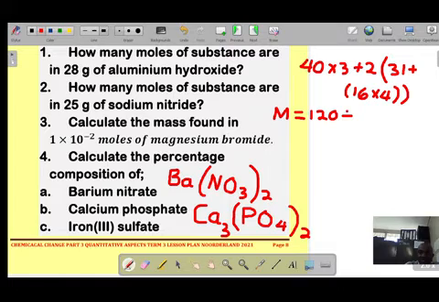Then plus, what about phosphorus? 2 times 31, which is 62. The 62 is for the phosphorus. Then plus, what about oxygen? It's going to be 2 times 4 times 16.